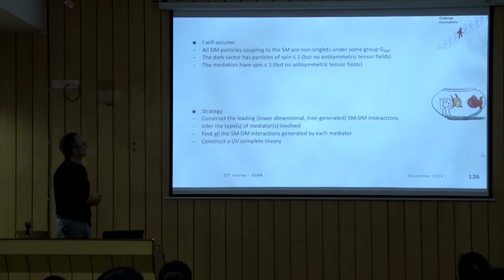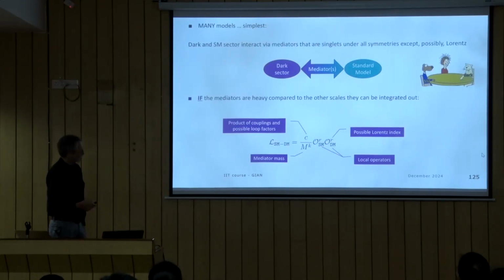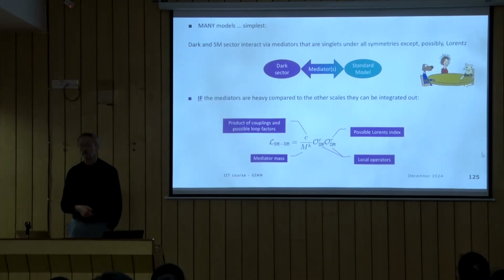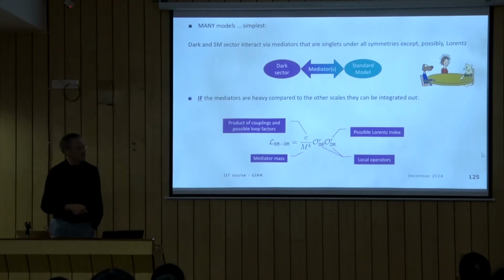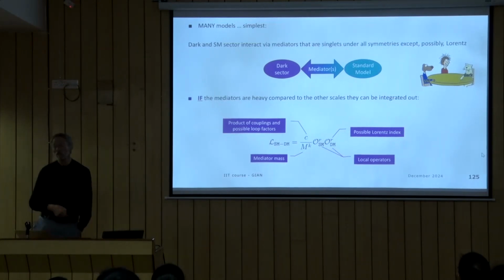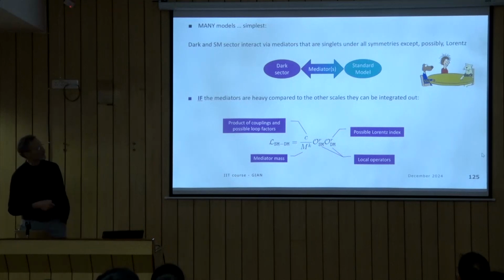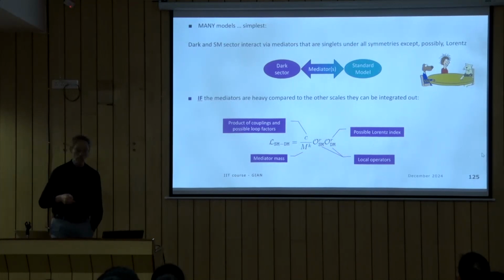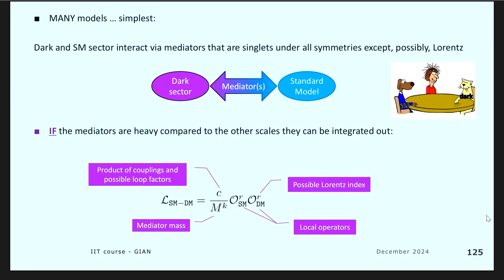So that's a fourth assumption that I did not list. For these guys, I just need all gauge invariant standard model operators, but I don't have to assume that they're Lorentz scalars. That's not necessarily true, because the mediator might not be a Lorentz scalar, might be a vector, might be a fermion, but it may also be a scalar. So I need all these guys without the assumption that they're scalars, and similarly for the dark matter guys.